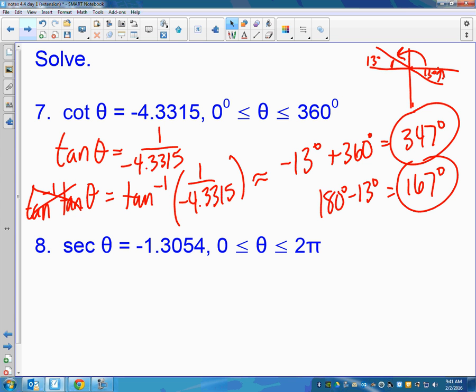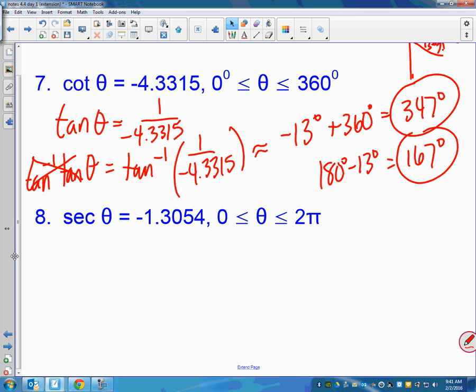I picked harder ones here because for sine and cosine, you would just do inverse sine, inverse cosine, inverse tangent. But secant, I'm going to switch it first. Secant's reciprocal is cosine, so this is the same as saying cosine equals 1 over negative 1.3054. If you want to divide that out, you can, but I always just type it in my calculator like that.